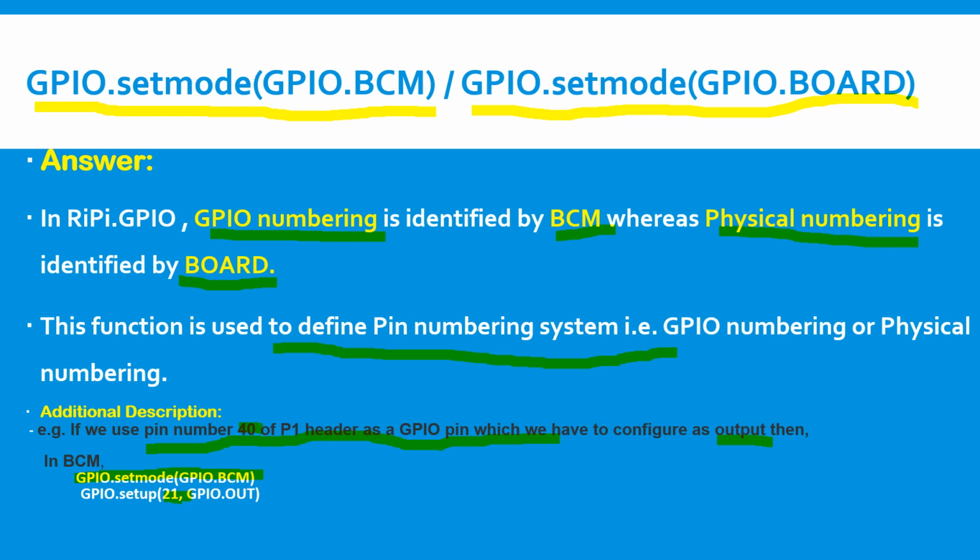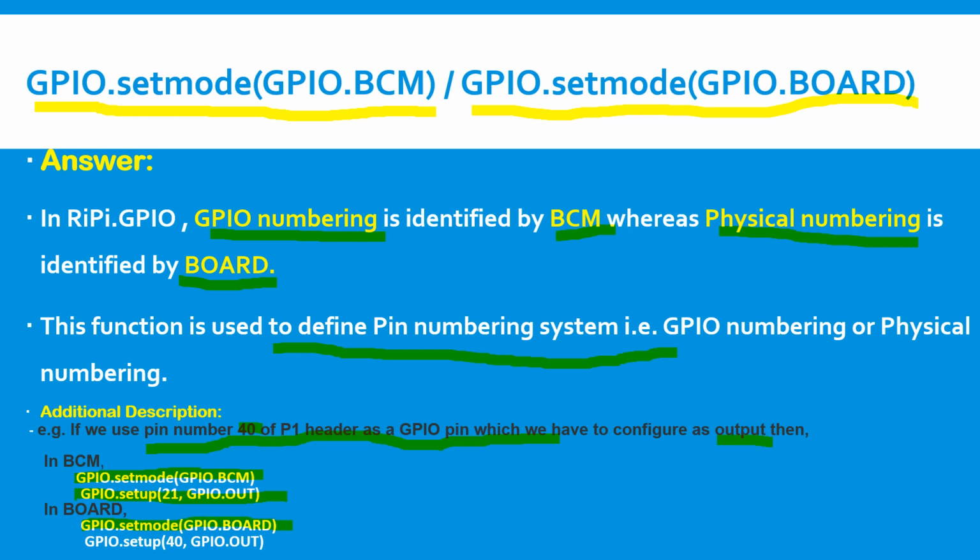So we have to write GPIO.setmode, GPIO.BCM because it is the GPIO pin, and the next line is GPIO.setup, 21 comma GPIO.OUT, because this pin will be set as an output pin. But in case of board, when I use that pin as a physical pin, I have to write like this: GPIO.setmode, GPIO.BOARD. Why board?